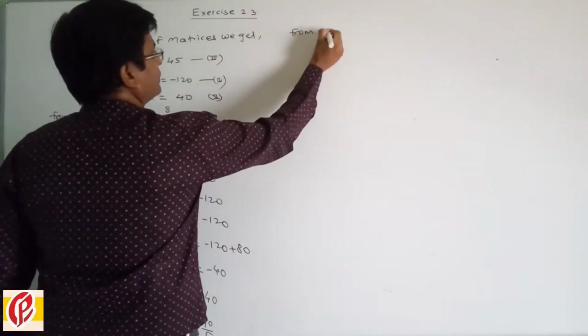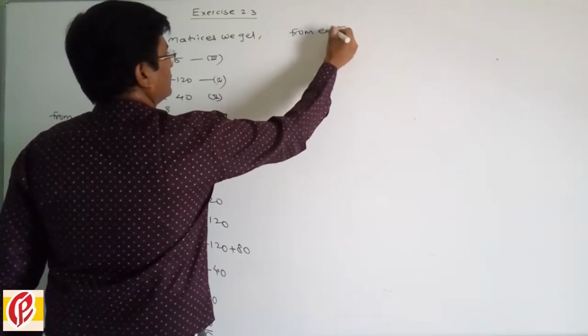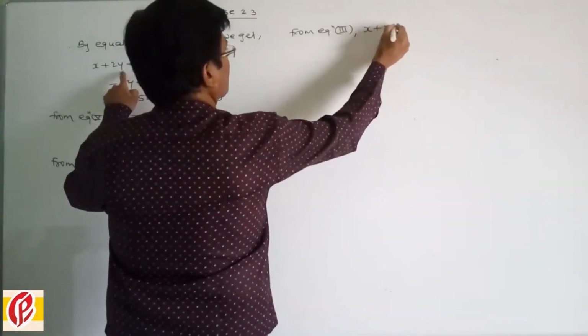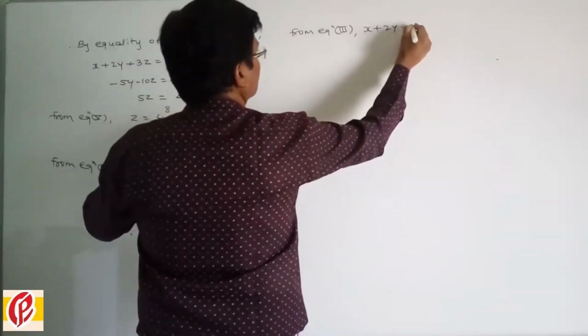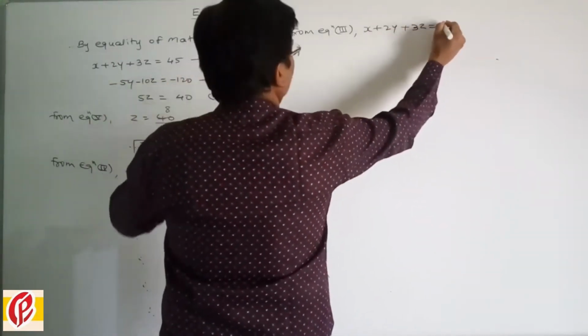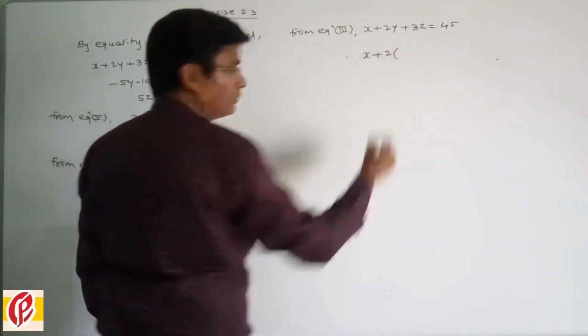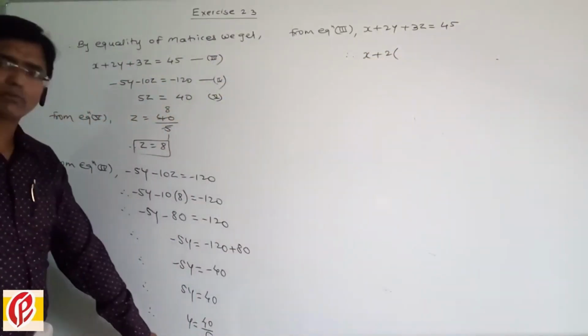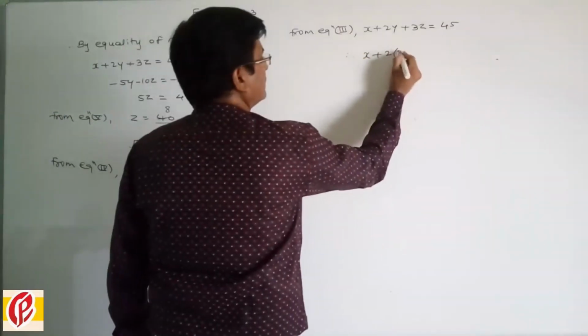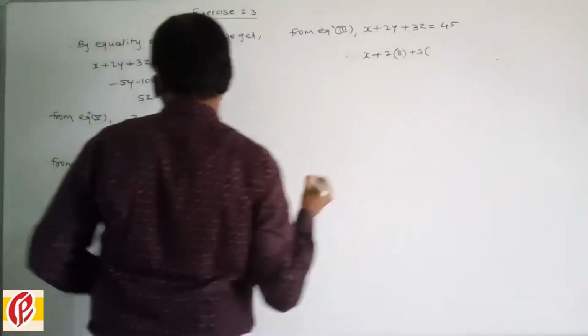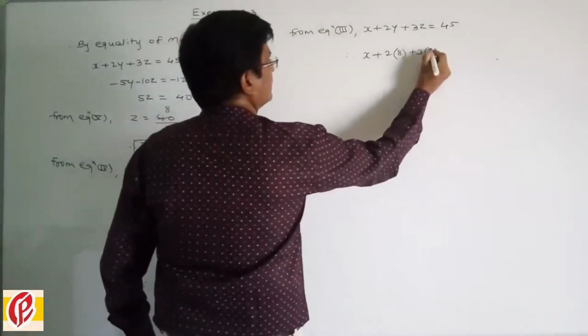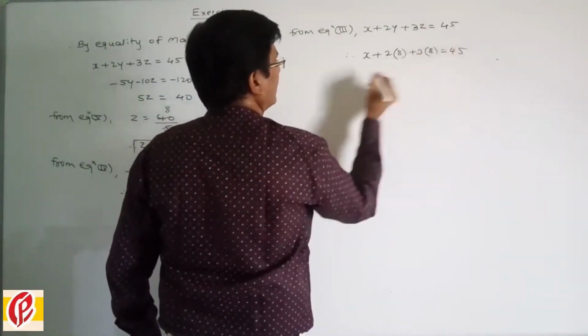From equation 3, what is equation 3? X plus 2y plus 3z is equal to 45. Therefore x plus 2 into, what is the value of y? y is equal to 8, plus 3 into, what is the value of z? 8, is equal to 45.